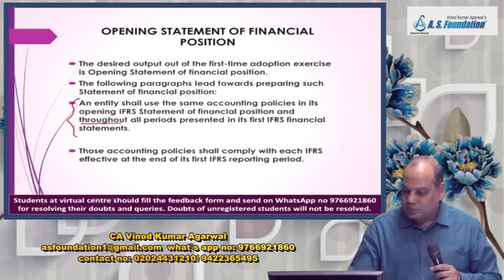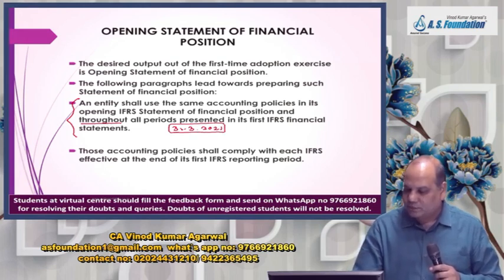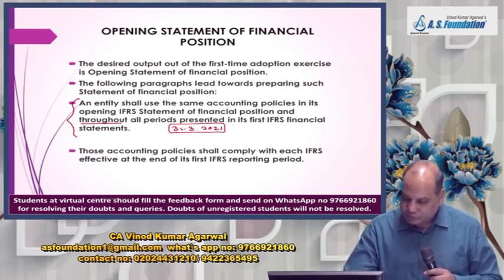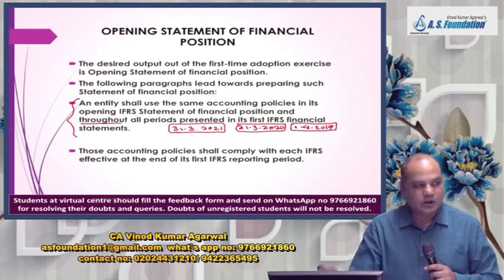Now how will you interpret it? I will use the same numbers. 31st March 21 is my first IFRS reporting period. I will give a comparative for 31st March 2020. I will give one opening SOFP on 31st March 2019.